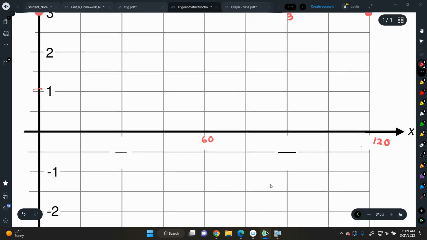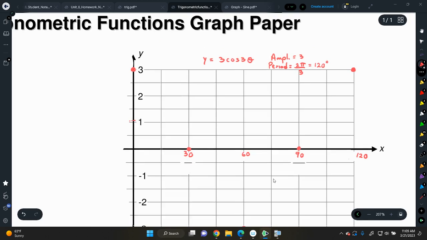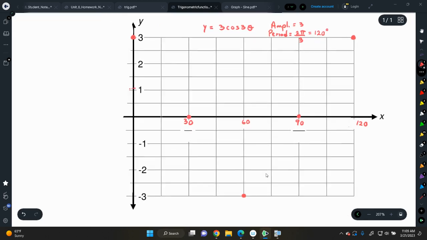So now halfway in between that would be 30 degrees. So that's going to be right here. It's going to be crossing the x-axis. And then here at 90, it crosses the x-axis. So we're looking at a cosine curve that looks like this.